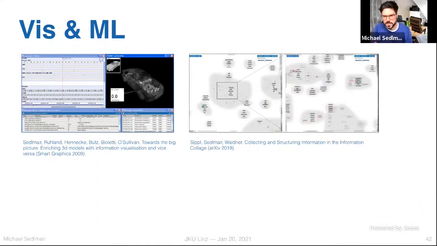On the right is a tool that we built with Manuela Waldner recently, where you organize documents, and by organizing the documents you learn an active classification model in the background, and then it proposes, if you think those two things belong together, that you should probably also consider that this document could also be included. So it's really a human machine collaboration task that we're doing here.